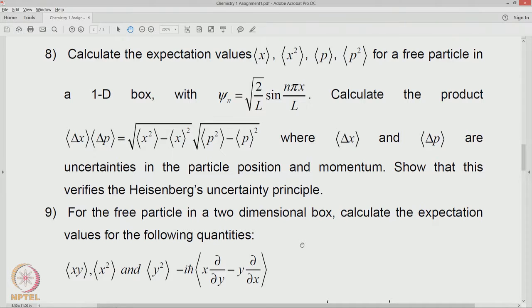The eigenfunction is given to you as square root of 2 by L sin n pi x by L. Also it asks you to calculate the uncertainty product, known as delta x delta p, which is defined as given here, and verify Heisenberg's uncertainty principle.